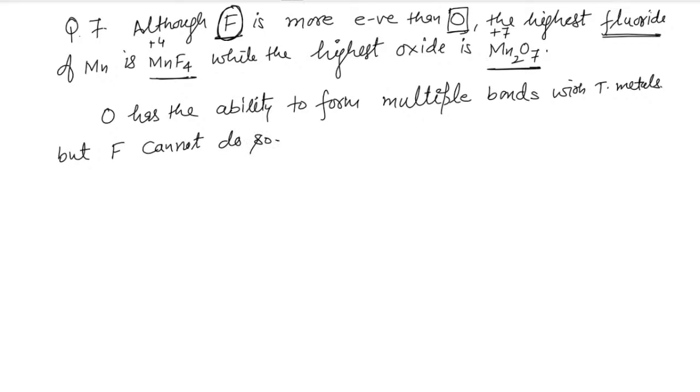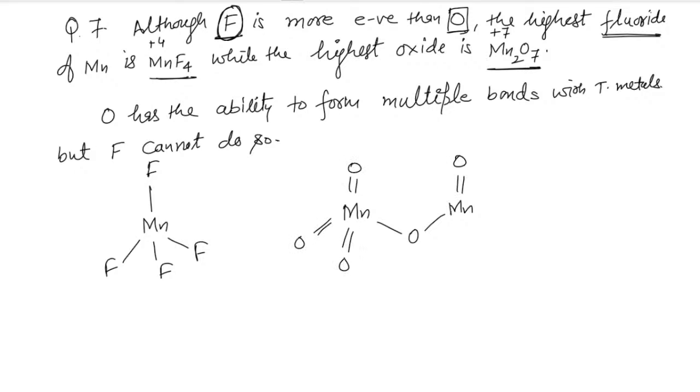This is the simple reason. That's why manganese can form only this type of structure, but in Mn2O7, you can write it like this. Mn2O7.